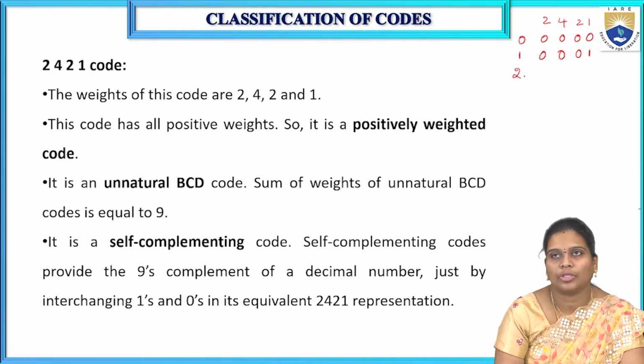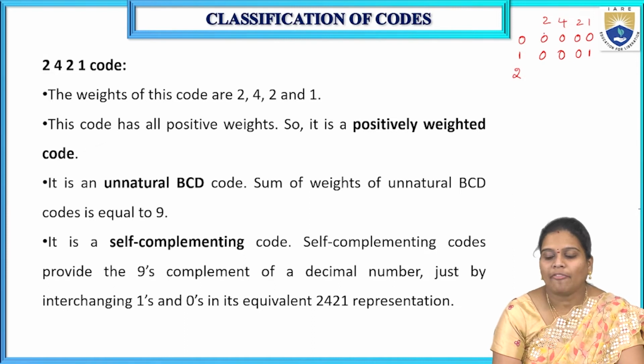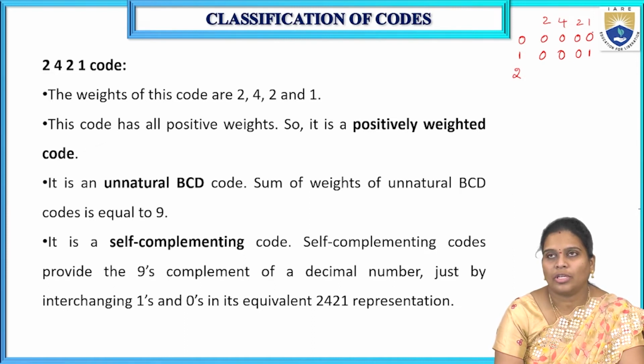Next, second position. So here the weights are the 2421. So now I want to write the binary value for this 2. Either we are taking this position of this weight or we are taking this position of the weight. So for one decimal value, we can write 2 possible binary values.